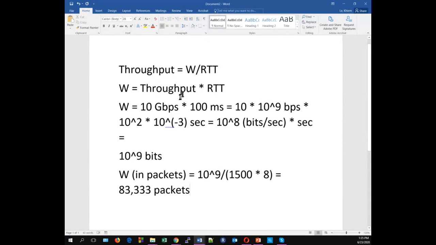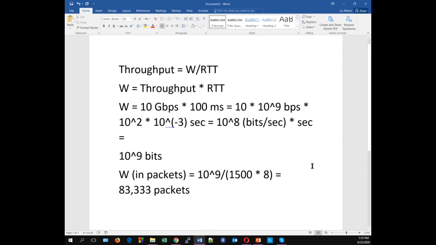Okay, so essentially, if I want to achieve a throughput of 10 gigabits per second, when the round trip time is 100 milliseconds, I need a window of this many packets. So if my CWND is less than this value, I will not be able to achieve 10 gigabits per second.